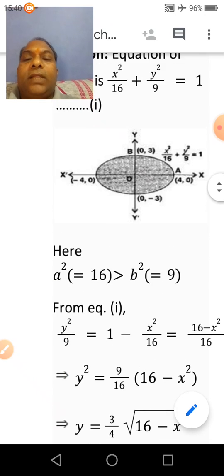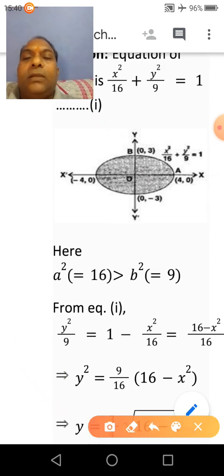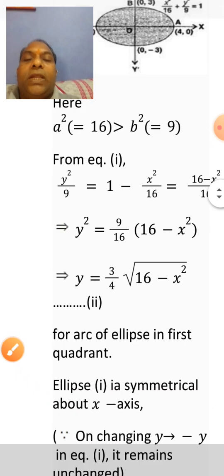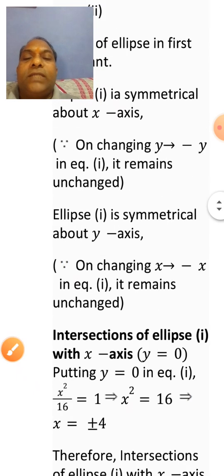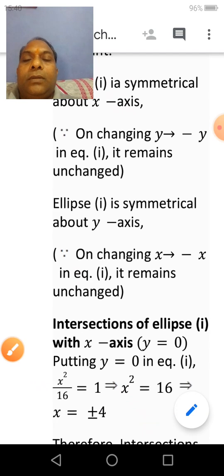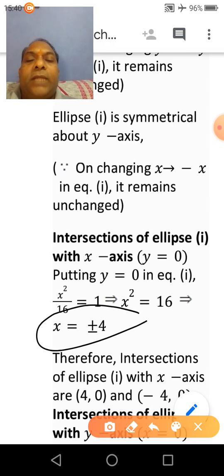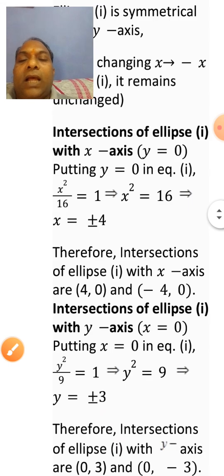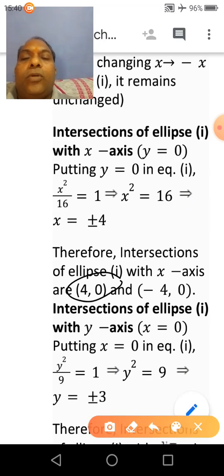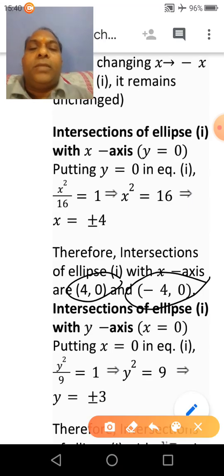Also find the value of x. Put y is equal to 0, then you can find value of x. So value of x will be plus minus 4. It means the intersections of the ellipse with x-axis are (4, 0) and (-4, 0).